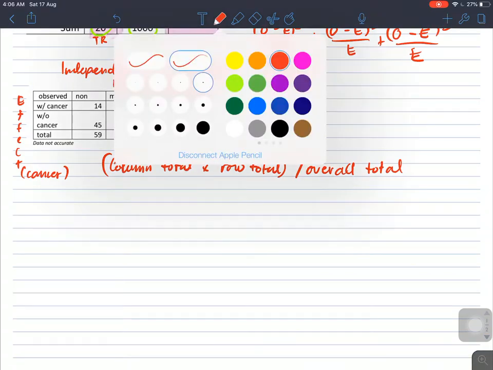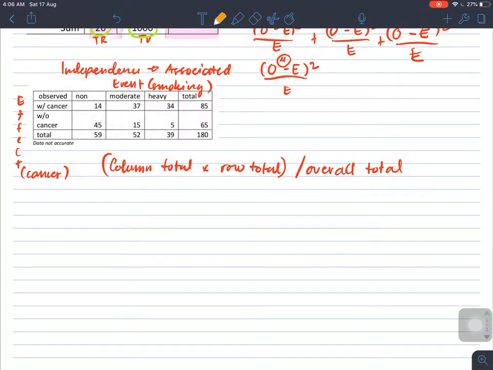Let's try to compute for our number 14 dito sa non-smokers, sa 14. So, non-smokers with cancer. Let's try to compute for the 14. Now, again, kunin po natin yung column total.